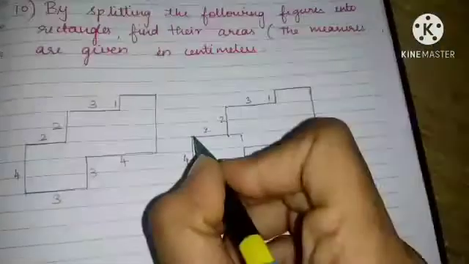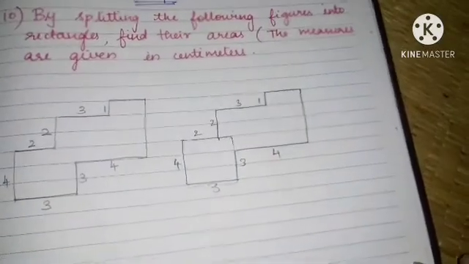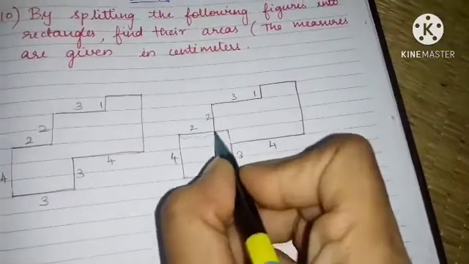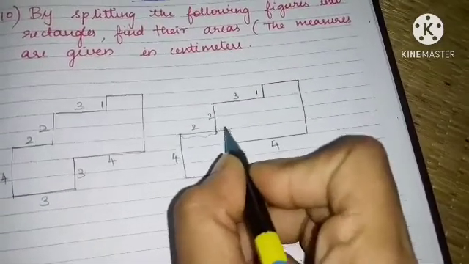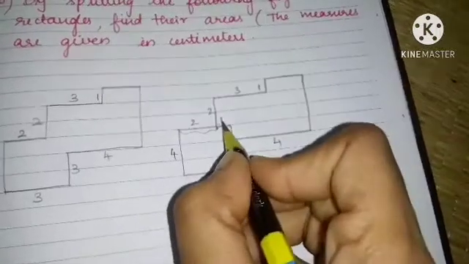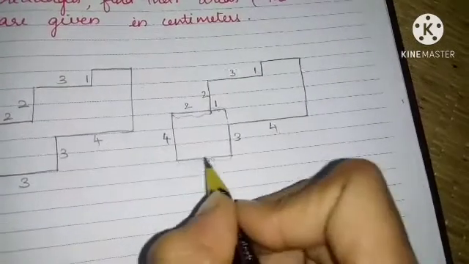So if I split like this, this side and this side are equal. Here it is 3, and from this to this it is 2. So what will the remaining small part be? It will be 1, because 2 plus 1 is 3. So here also 3.